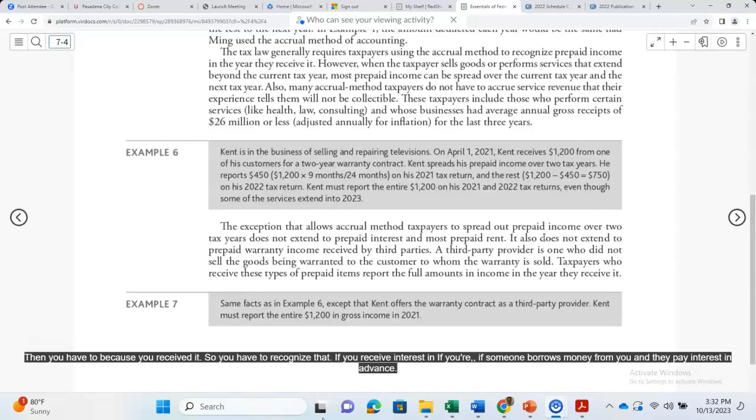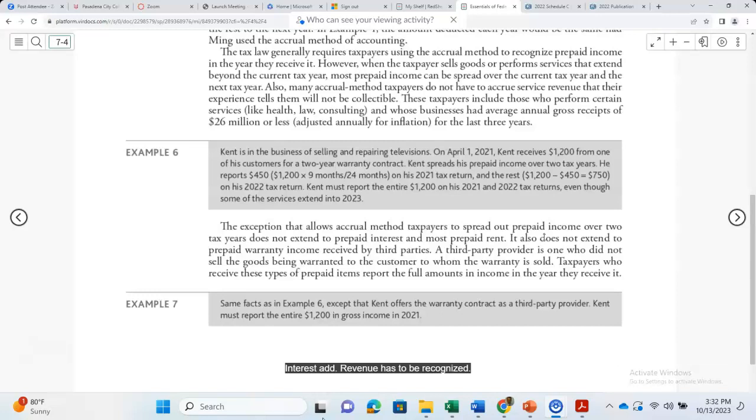If you receive interest in advance, someone borrows money from you and they pay interest in advance, the interest revenue has to be recognized immediately.